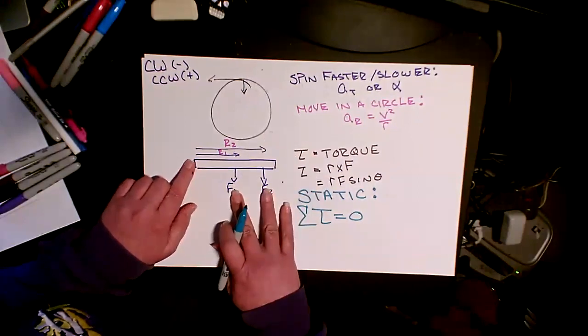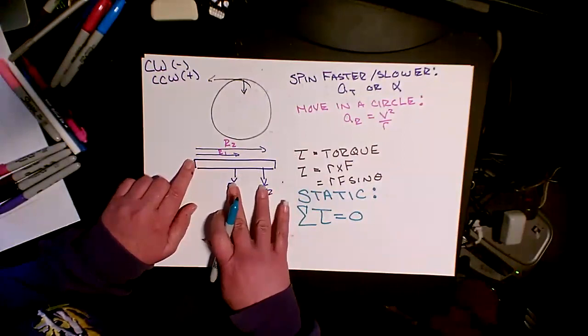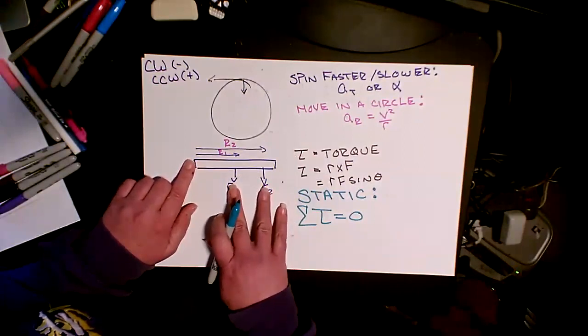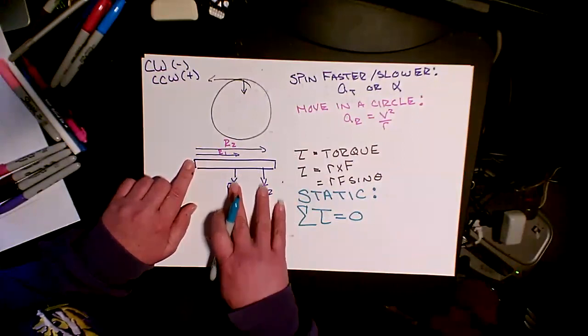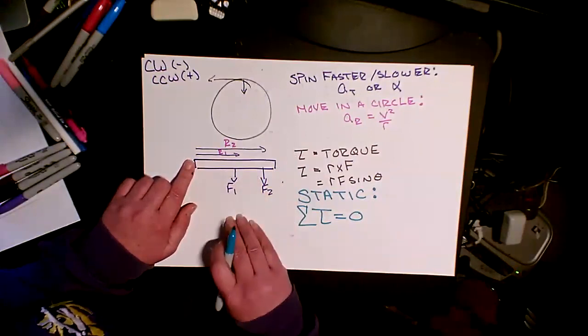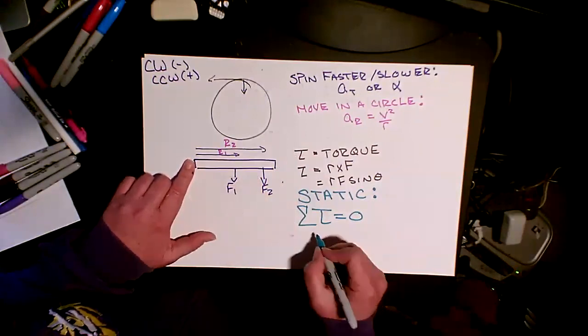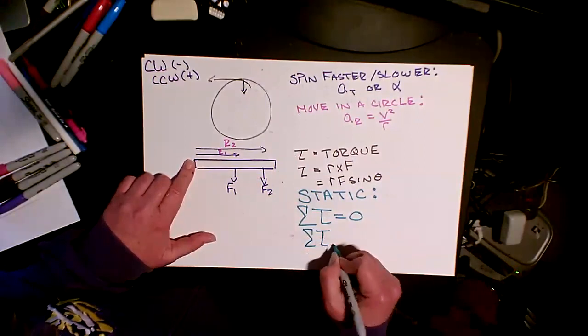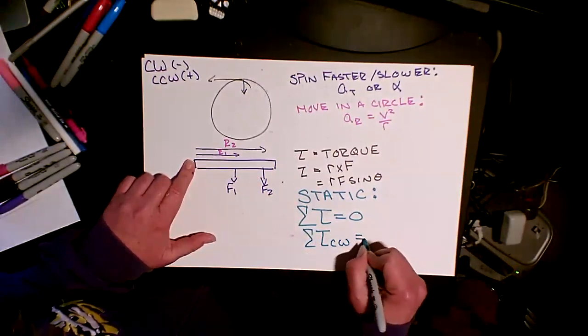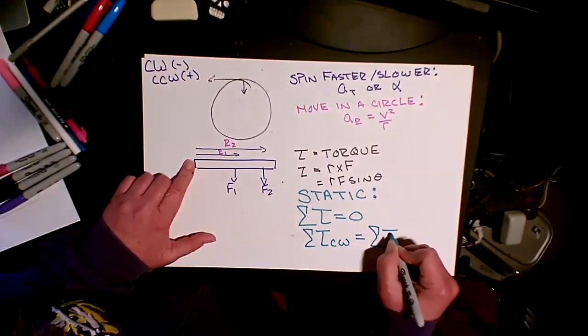Because just like our forces that we've been doing all along, if all I had acting on this thing was these two forces going down, then this thing would definitely be rotating. I'd have to have some sort of counter to that. So I would say that the sum of my torques clockwise must equal the sum of my torques counterclockwise.